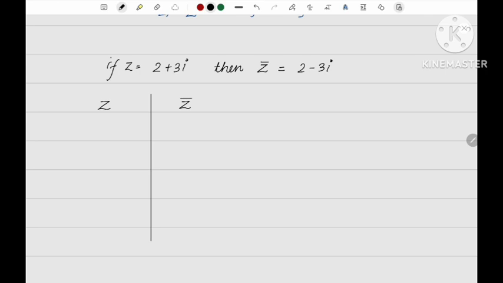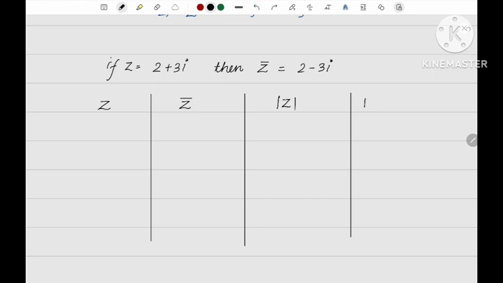Okay, and let me write mod of z, mod of z bar.